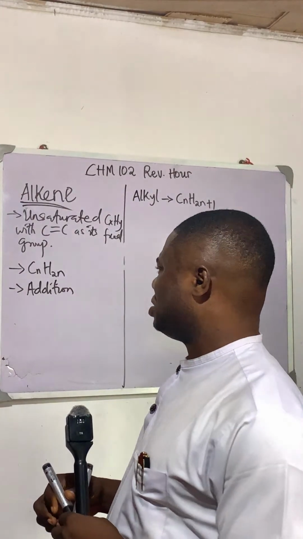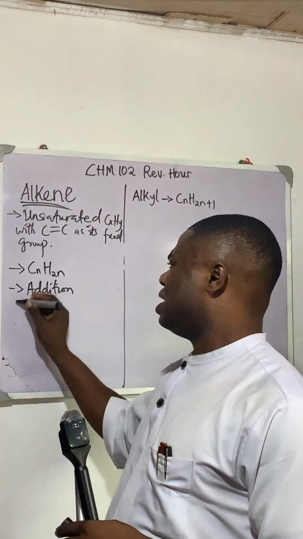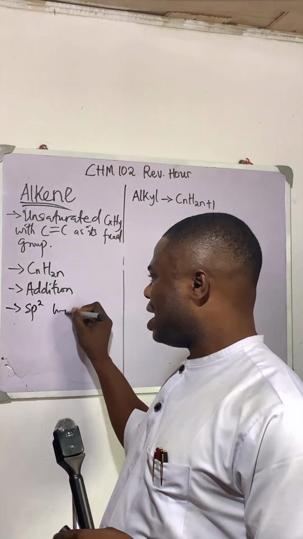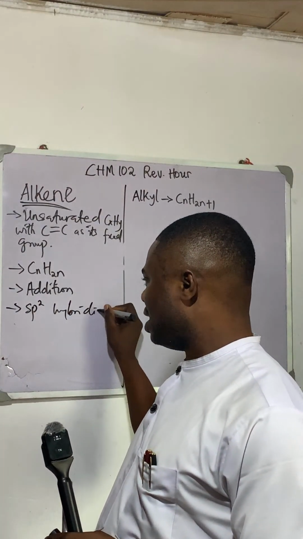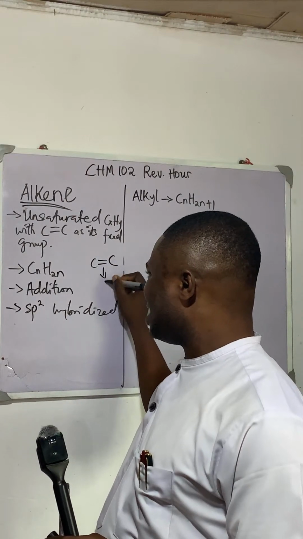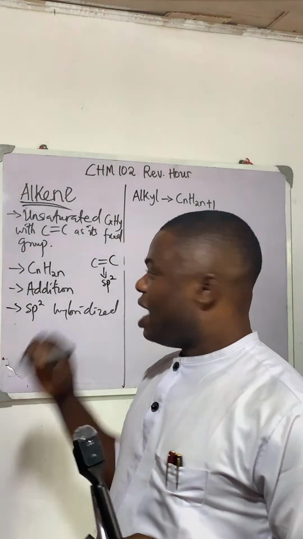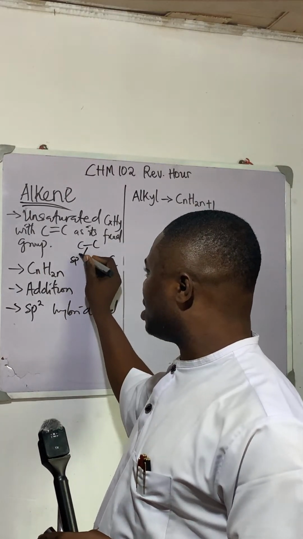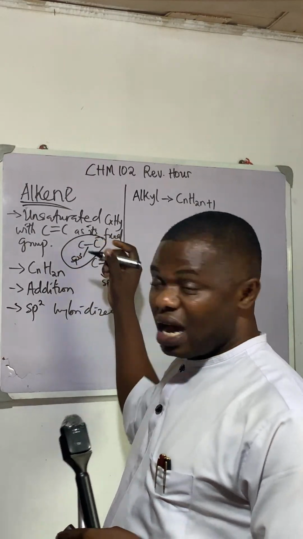Not just that, we can also talk about this, that it is sp2 hybridized. Anytime you see carbon-carbon double bond, it is sp2 hybridized. Anytime you see carbon-carbon single bond, it is sp3 hybridized. Take note of this.